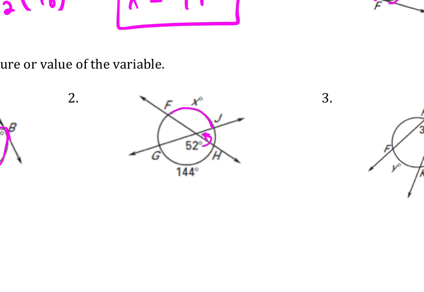The angles are going to be inside here to start. So I'm just going to write 52 degrees, not what we want. The angles and arcs have to be all lined up here.